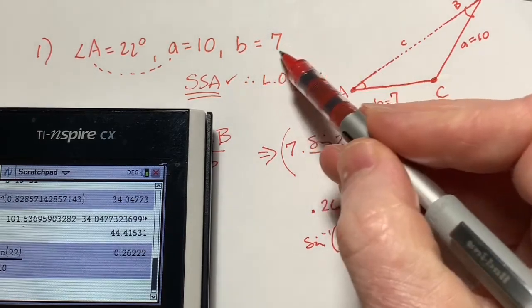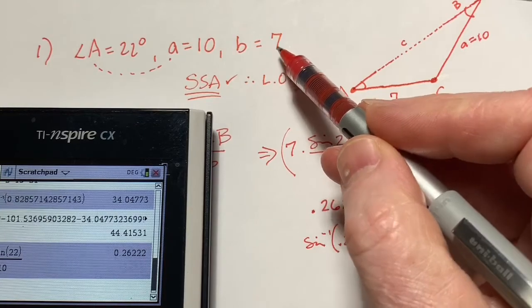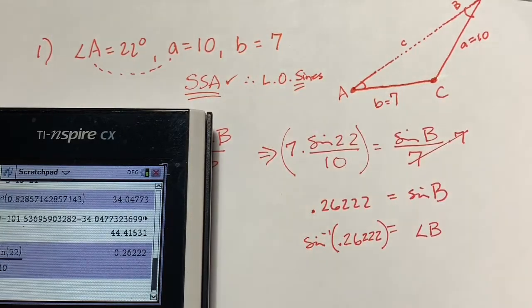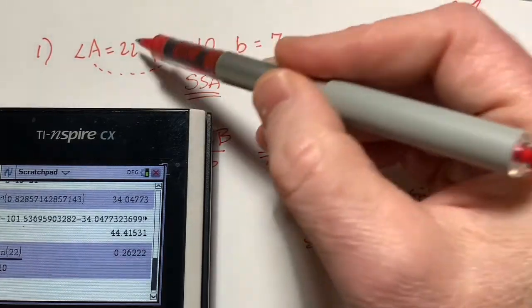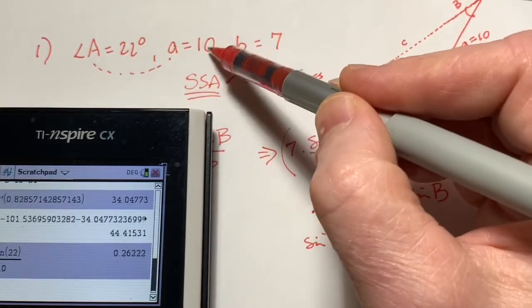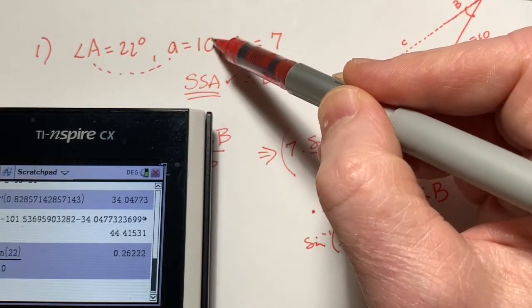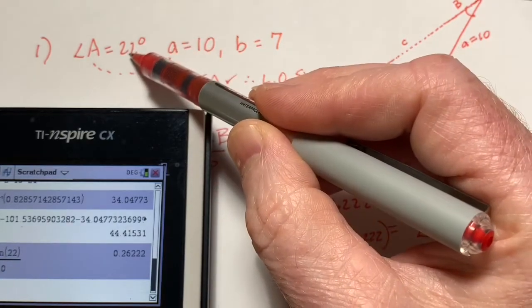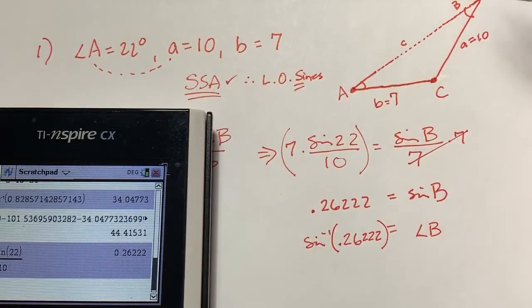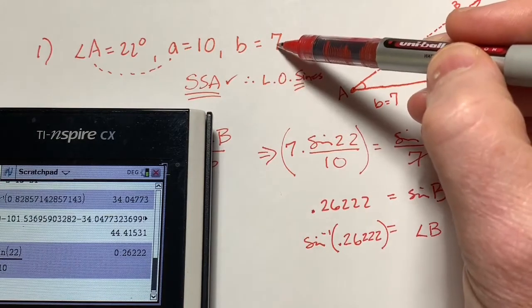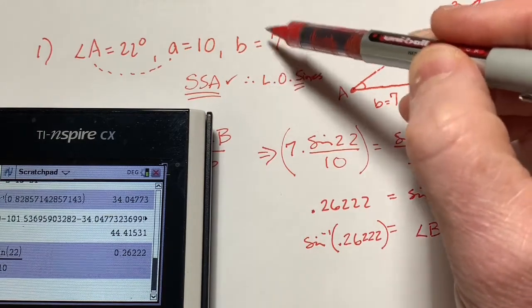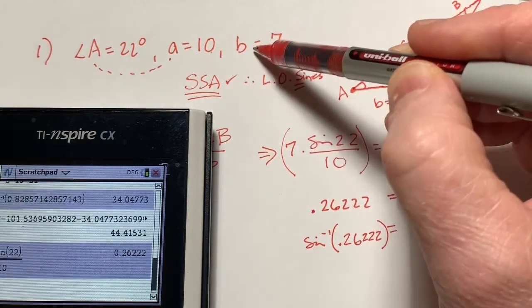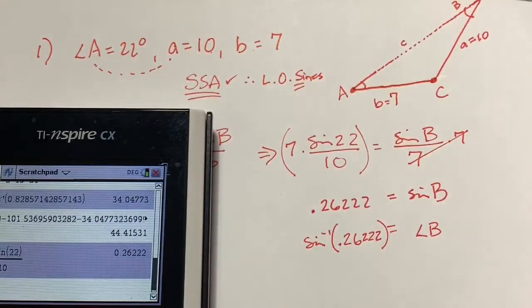And B is clearly not the biggest side here. A could be the biggest side, but I'm not solving for angle A, am I? And we know that side A is not the biggest side because look at angle A. Angle A is 22 degrees. Well, that tells me that angle B, since it's opposite a smaller side than side A, must be even smaller than that. And you can kind of see that based on this picture.